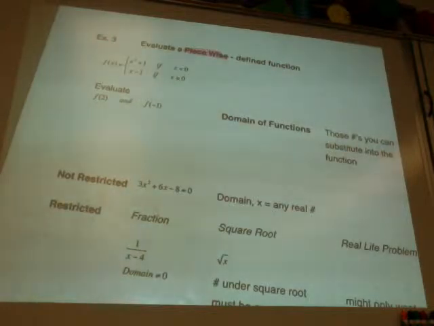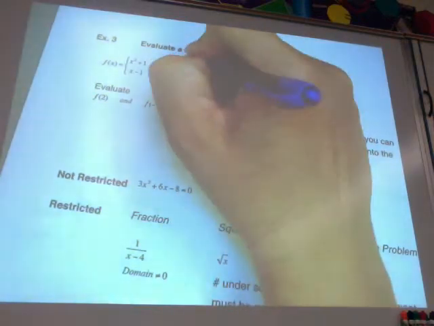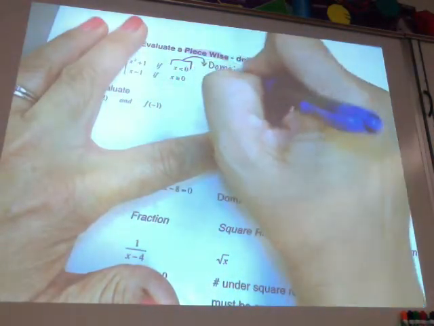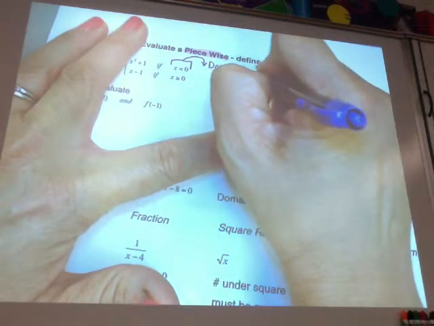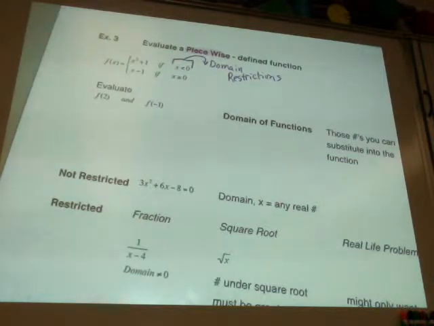So what happens is these right here, these are your domain restrictions, because they're saying something about x.